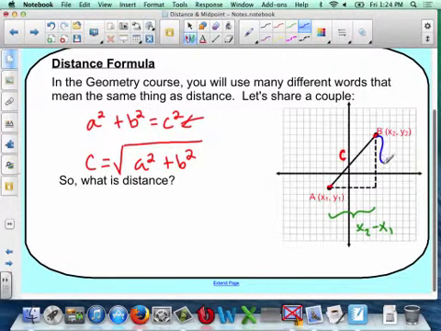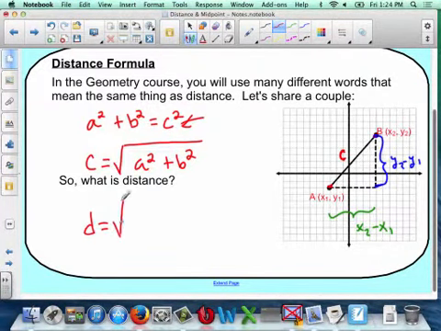So then what about the vertical? That's y2. Starting here, and going up to here, that would be y2 minus y1. And if these are the legs of my triangle, then I get the distance formula.